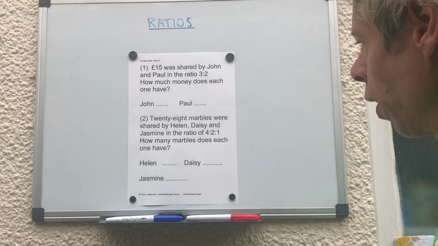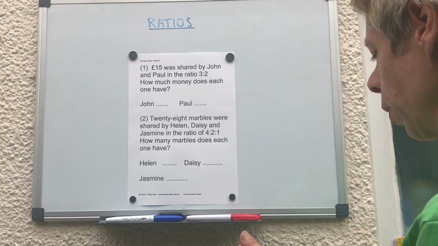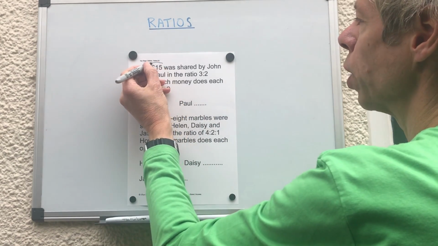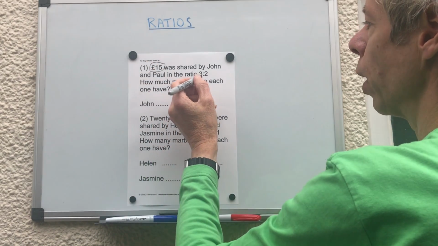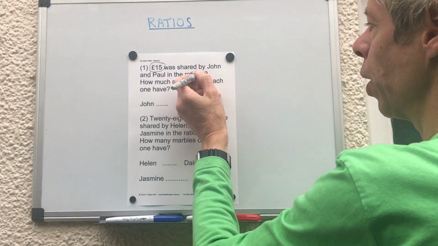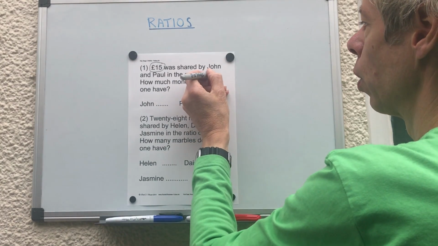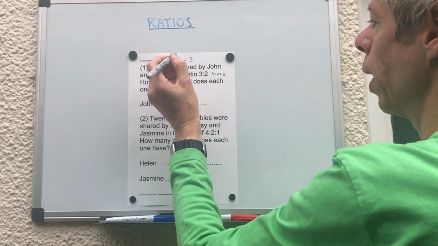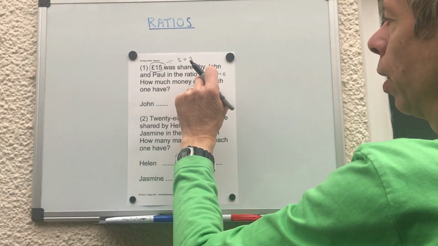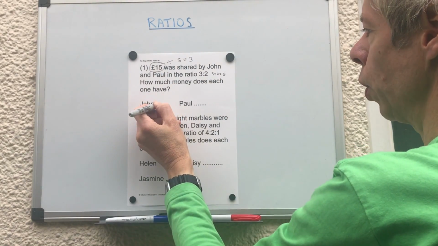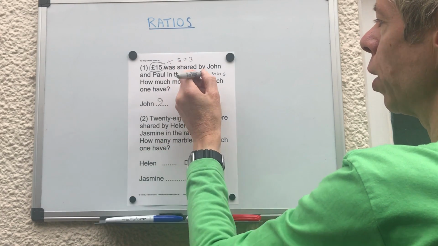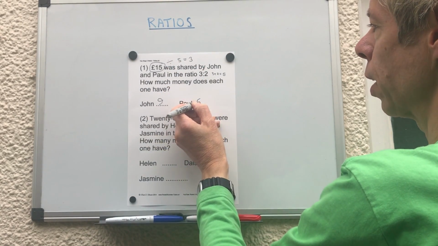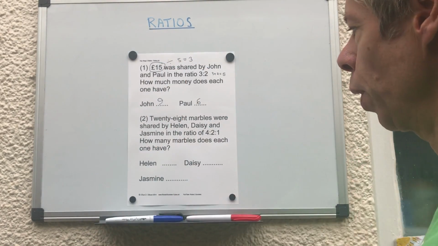Okay, so hopefully you've managed to work those out. So remember what we do. We look at our total, which is 15. We're going to get the total from the ratio, 3 plus 2 equals 5. 15 divided by 5 equals 3. Times that 3 by each one. 3 by 3, so John should have 9. 3 by 2 is 6. Paul should have 6. Add them together, that makes 15. Perfect.